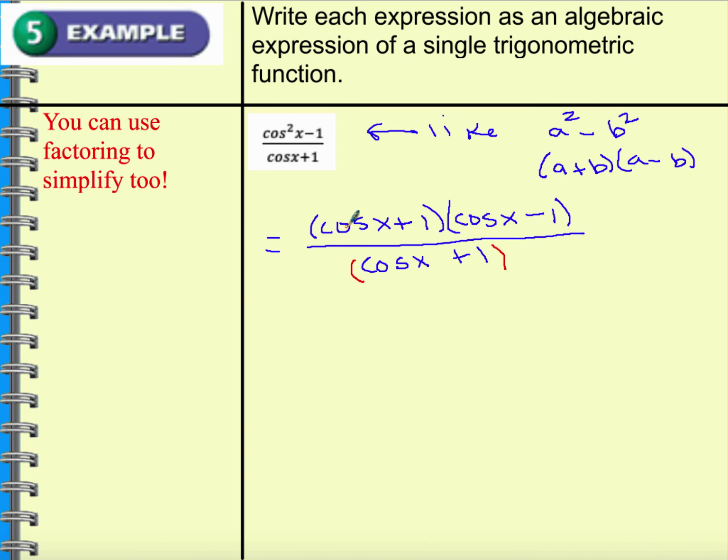The cosine of x plus 1 divided by the cosine of x plus 1 is equal to 1. Any number divided by itself is equal to 1. This leaves us with the expression left over after simplifying, the cosine of x minus 1. And that, my friends, is our final answer.